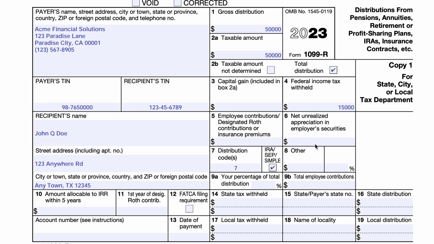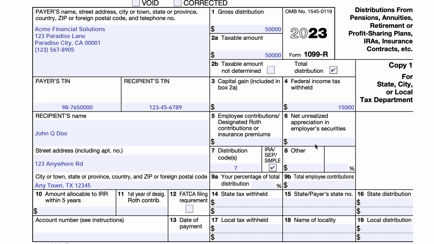Box 6 has to do with net unrealized appreciation. If you received stock or other securities from an employer-sponsored plan, then this would be the net unrealized appreciation.